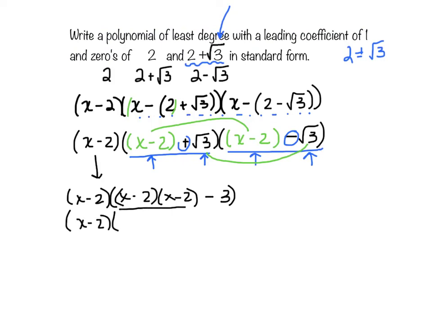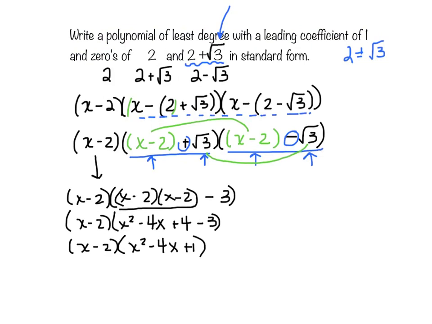I'm going to multiply these binomials out. I'm going to combine like terms. And now I'm going to distribute these to each other. So I'm going to do x times x squared, x times negative 4x, x times 1.